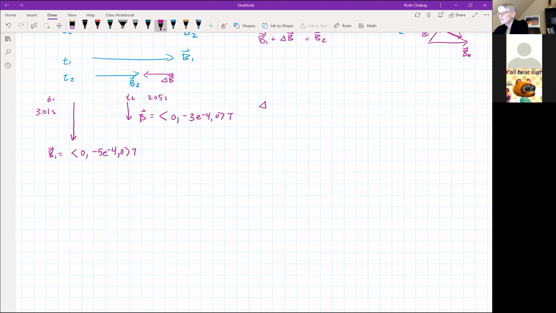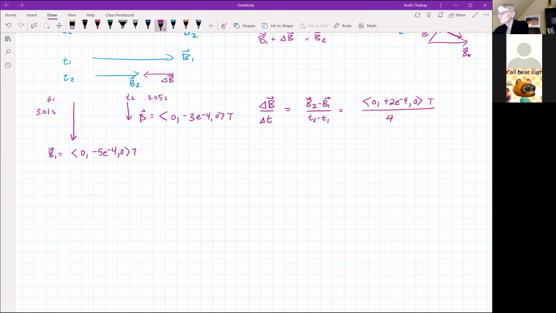Then delta B over delta t, which is an approximation to dB/dt, would just be B2 minus B1 over t2 minus t1. So that's plus 2 times 10 to the negative 4 Tesla in the y direction over 0.04 seconds.